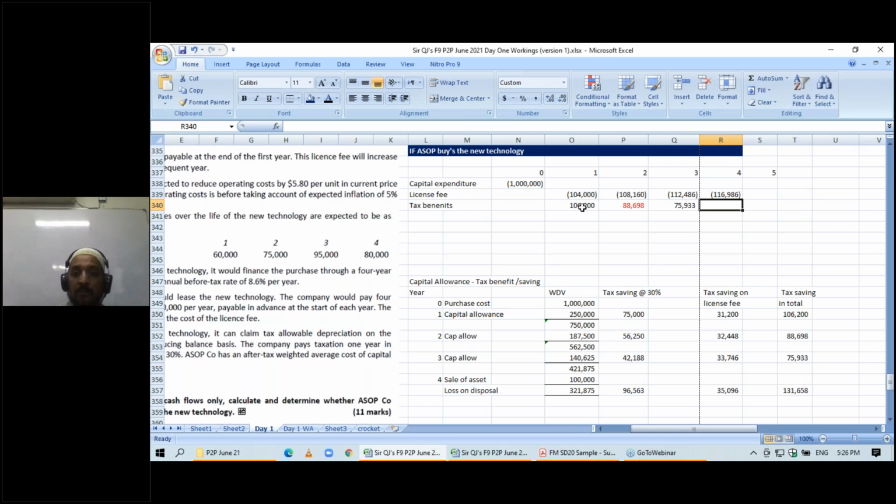So students, an important point over here is when the tax will be paid.